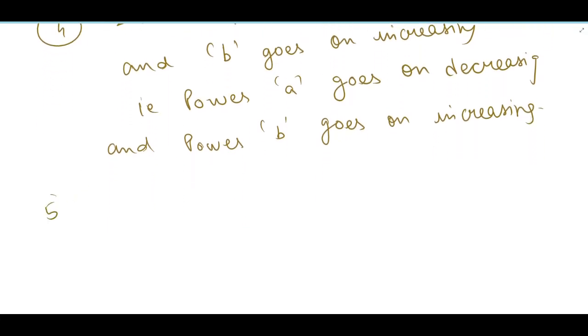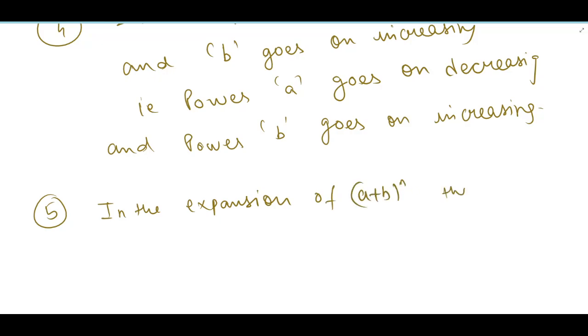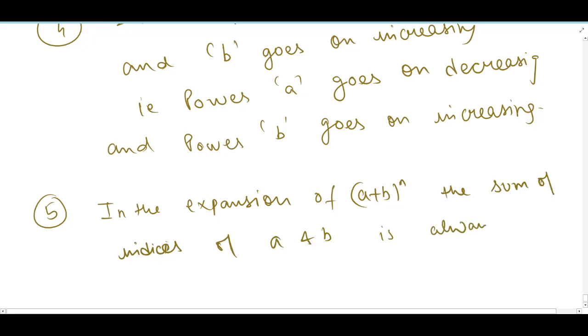Fifth and last point, in the expansion of (a plus b) to the power n, the sum of indices of a and b is always equal to n.